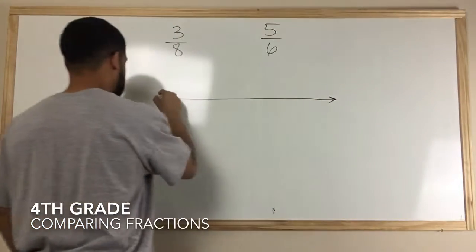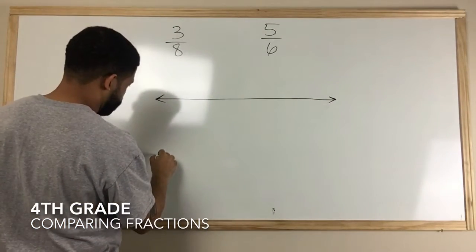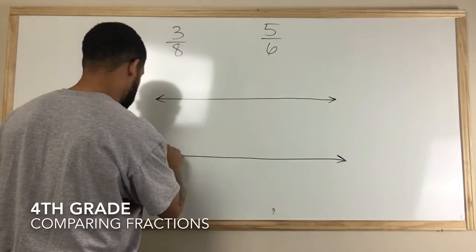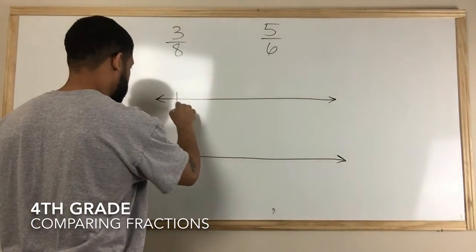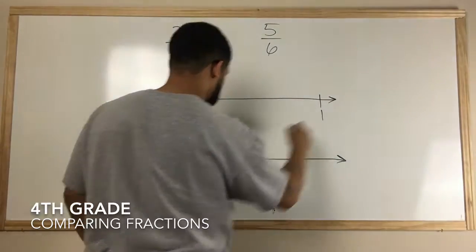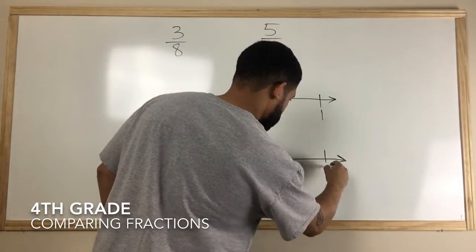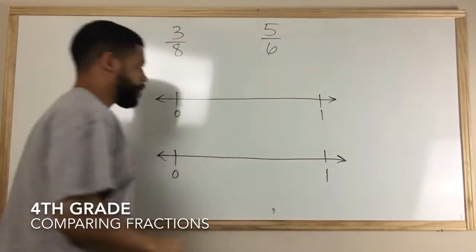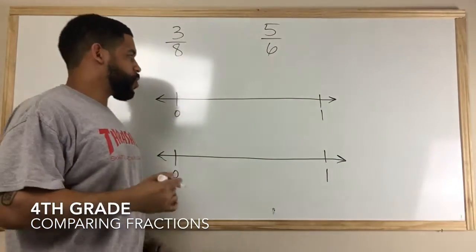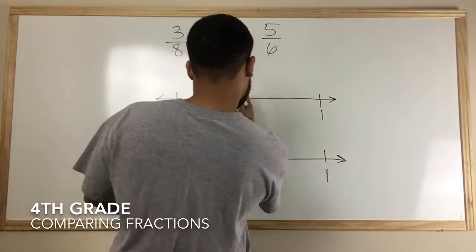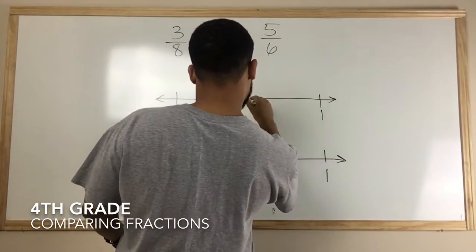So I have this number line, and I'm going to draw a second number line, okay? And on our number lines, we're going to start from 0 and go to 1. Now, on this first number line, I want to put 1/2 smack dab in the middle.